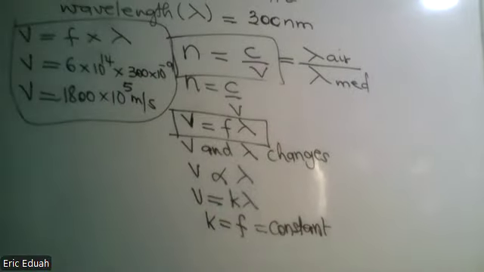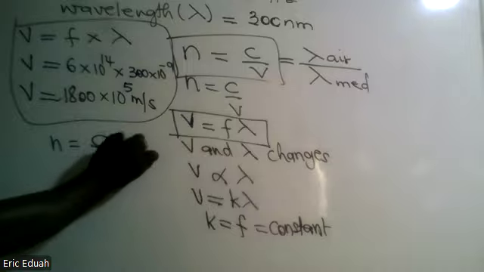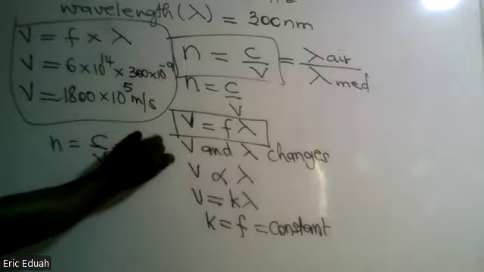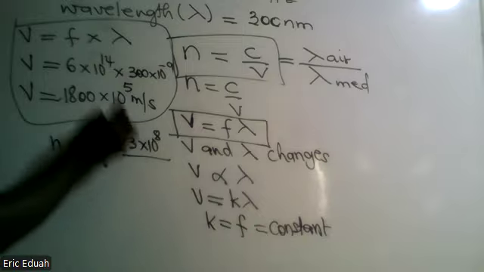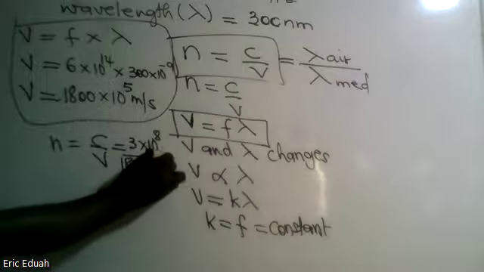Therefore, using n equals c over v, we have 3 times 10 to the power 8 divided by 1800 times 10 to the power 5.